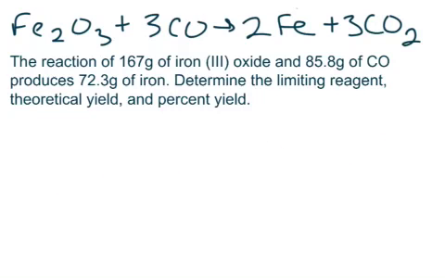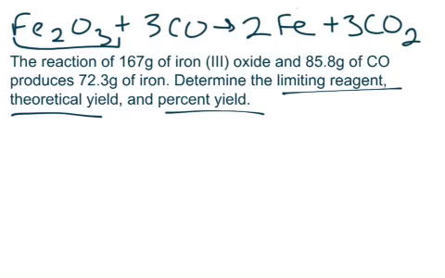All right, one last example. The longest that these questions can get is that they ask you for the limiting reagent, the theoretical yield, and the percent yield all at the same time. So deciphering through this question, here's the iron oxide. You have 167 grams of this.